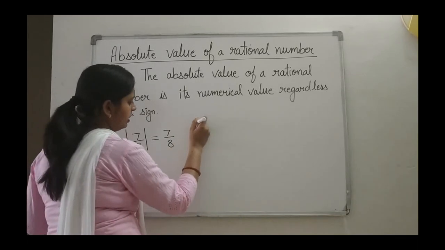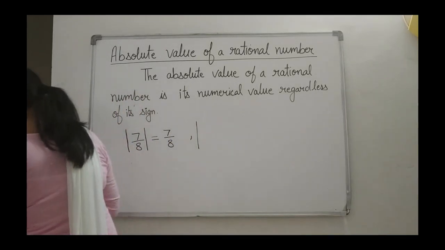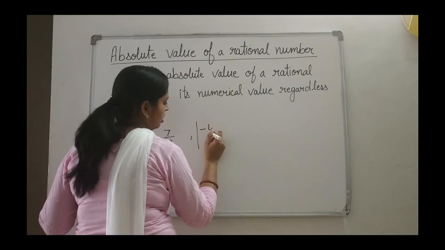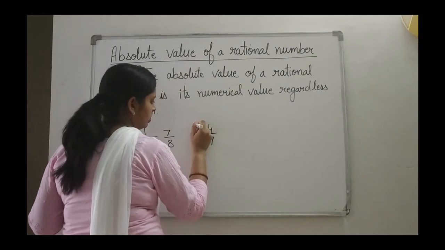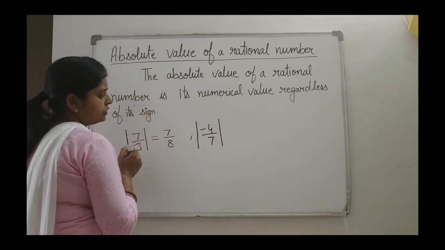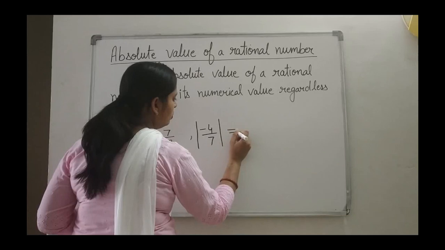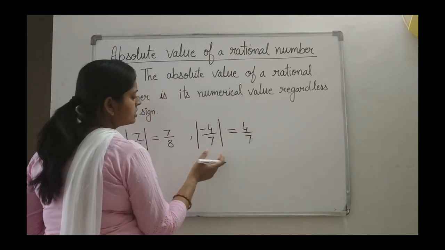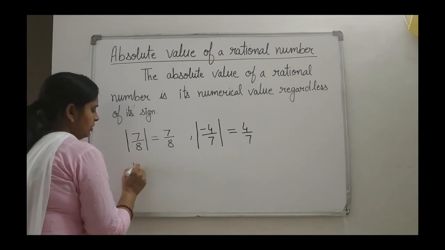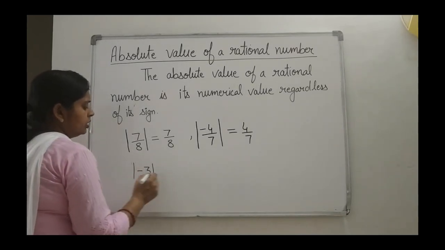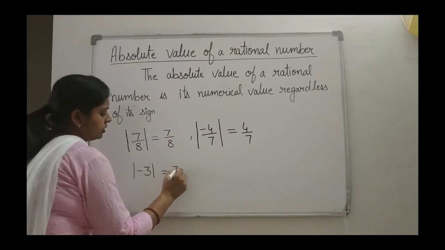If the question gives minus 4 upon 7 and we have to find the absolute value of minus 4 by 7, this will again be equal to 4 upon 7. We just have to leave the sign. The absolute value of minus 3 will be equal to 3.